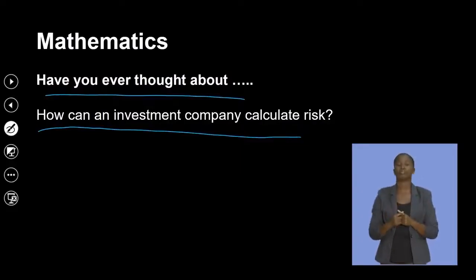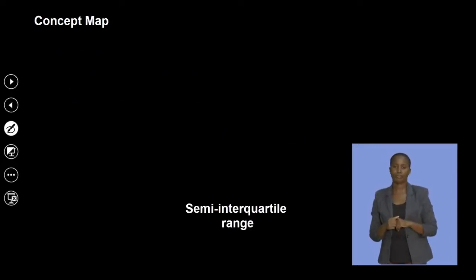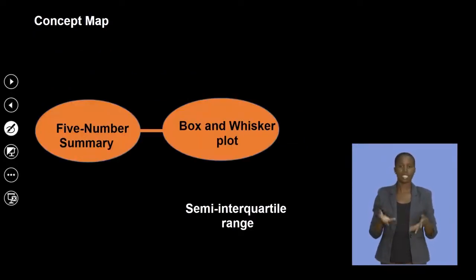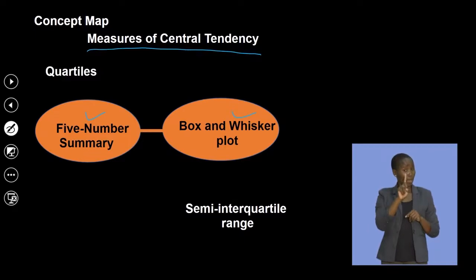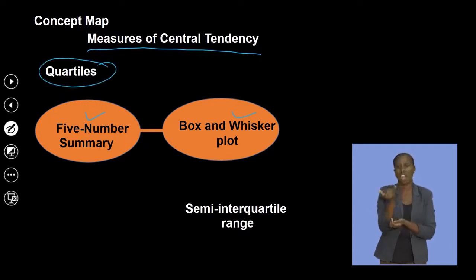So before we do that, we'll look at the five-number summary, the box and whisker. Under our measures of central tendency, remember, central tendency, you tend towards the center of the data, are the quartiles. Quartiles split the data into 25% parts: the median, the middle one, and the middle of the last 50% of the data.